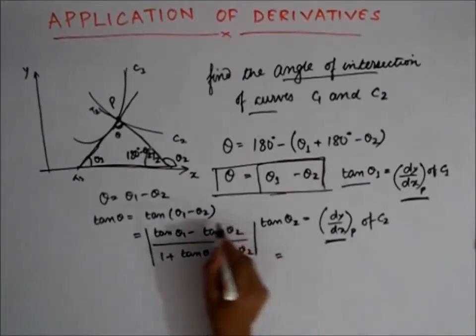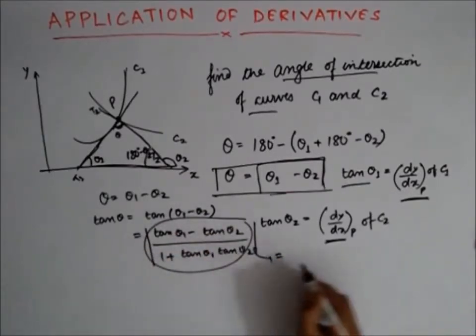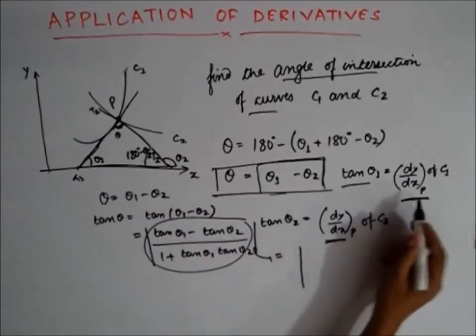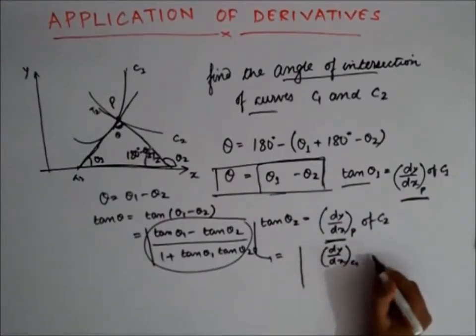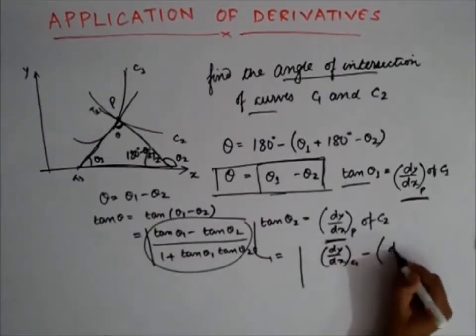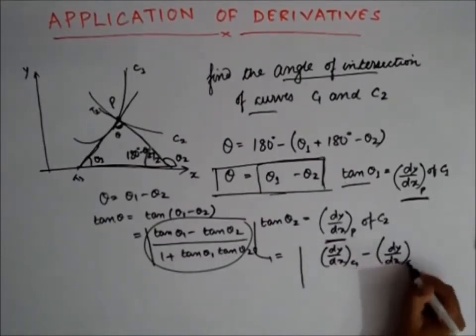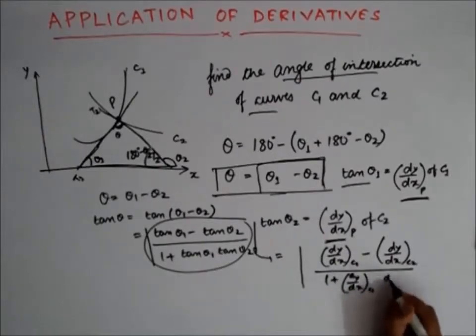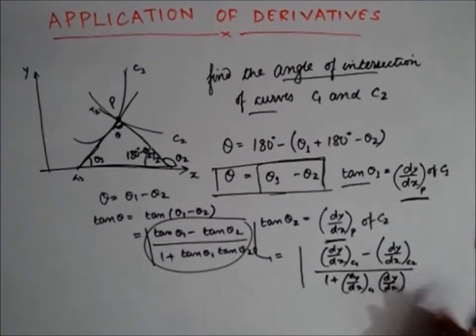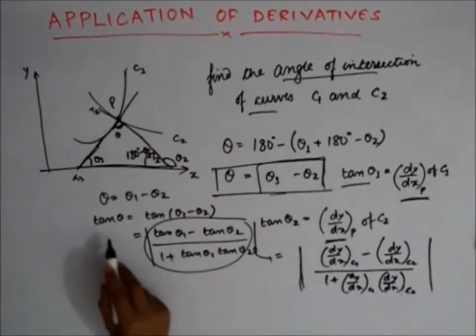Now if I put the value of tan theta 1 and tan theta 2 from here, I'll get the derivatives of curve C1 and C2. So this is my value of tan of theta.